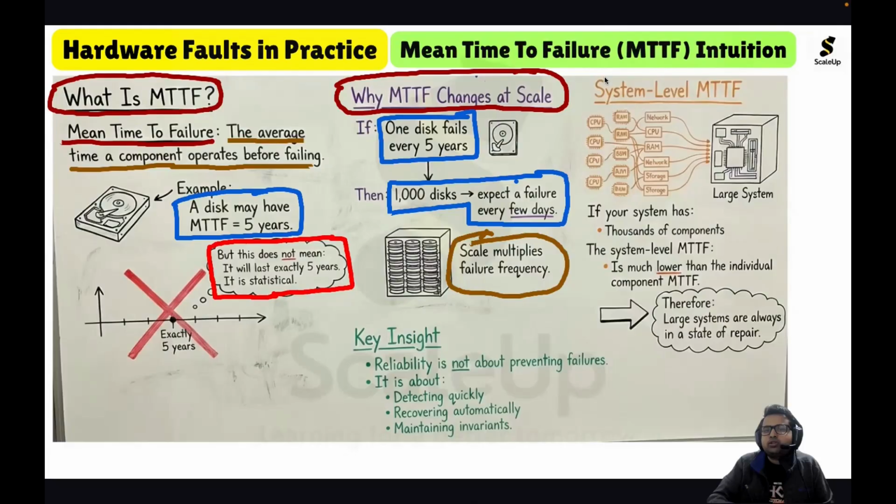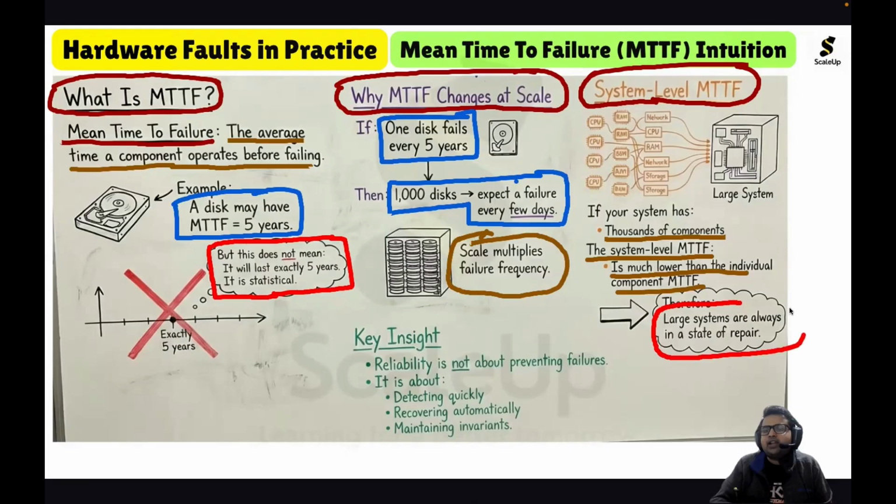So we should consider system level MTTF, because there is no point in talking about the MTTF of a single component, because with scale, failure frequency multiplies. So it's good to talk about system level MTTF. If your system is equipped with thousands of components, then the system level MTTF is much lower than the individual component MTTF. Therefore, large systems are always in a state of repair.